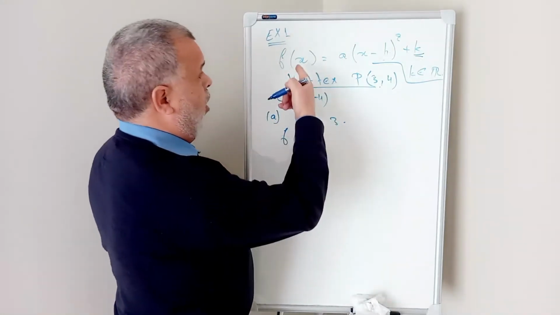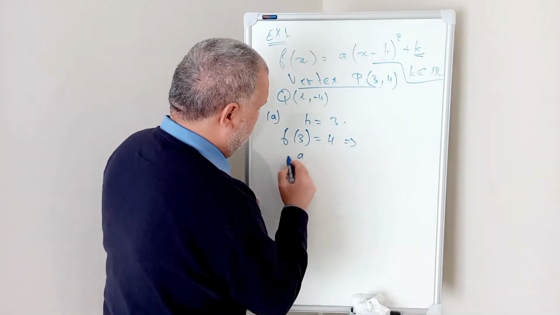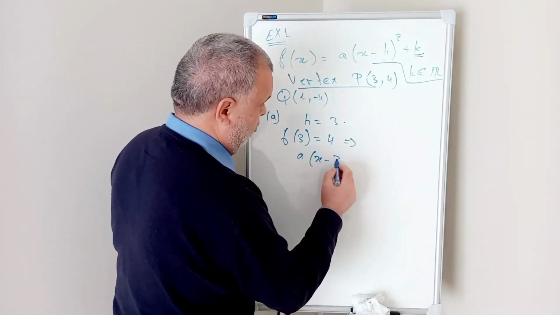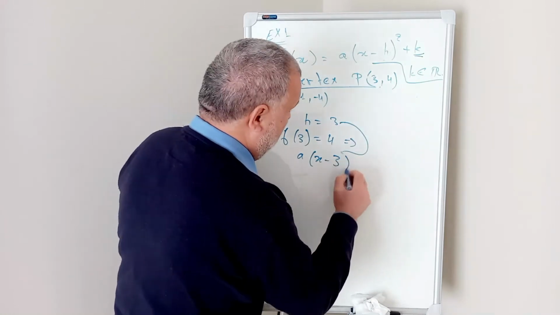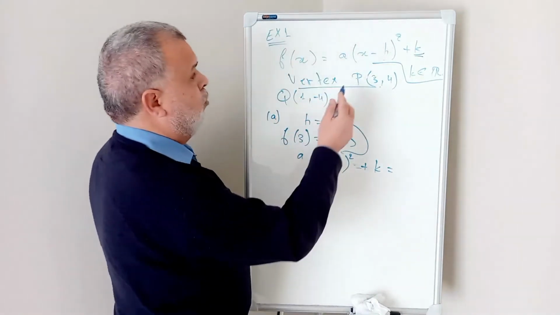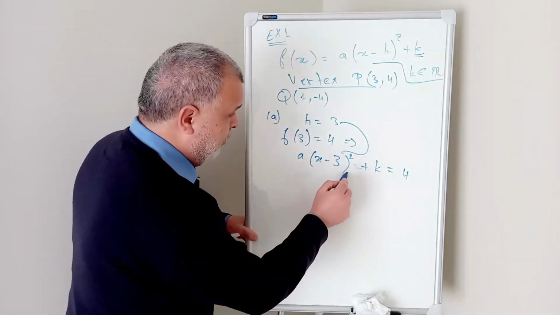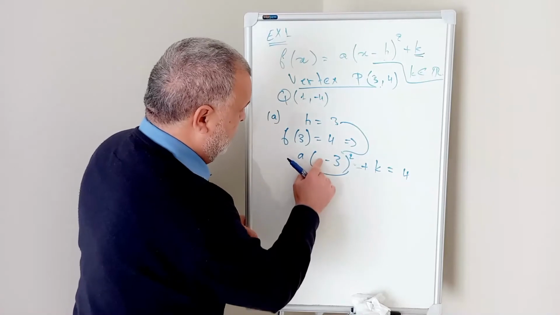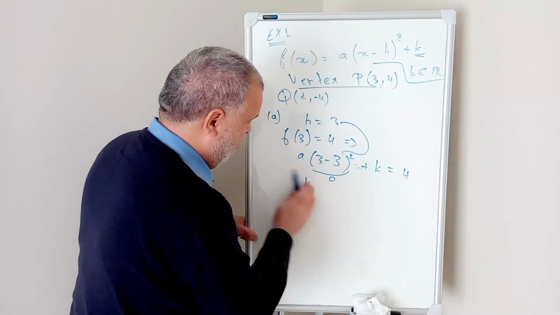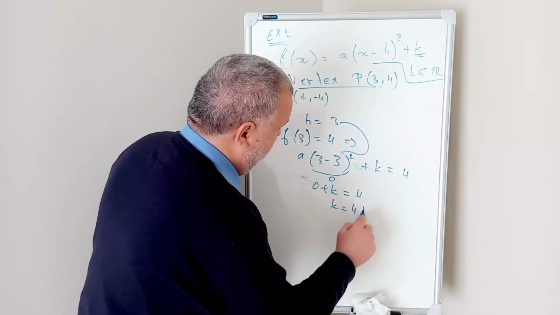That means a times (x minus h), with h equal to 3, squared plus k is equal to 4. Here 3 minus 3 is 0, so we can find directly that 0 plus k is equal to 4, then k is equal to 4.